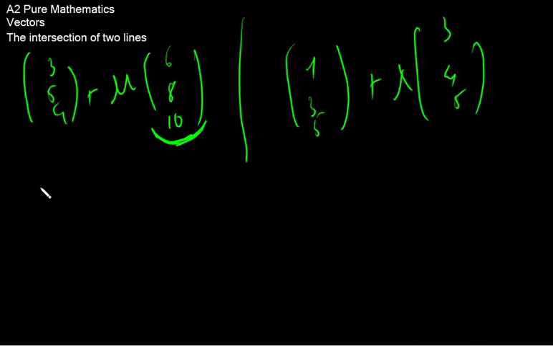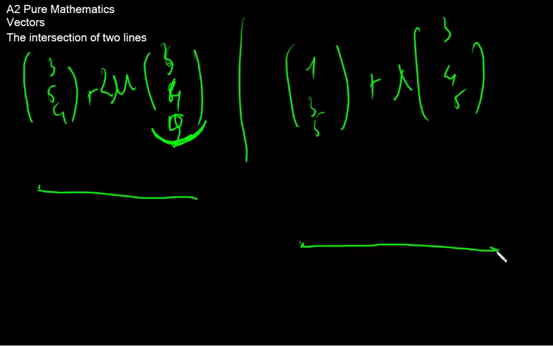It starts at a specific point and follows the direction. This can be reduced to 2 times the constant 3, 4, 5, which is the same as this one. This other line starts at a different point, but it follows the same direction.